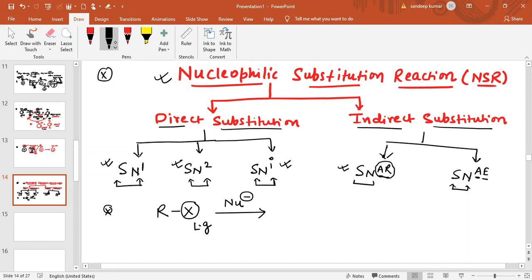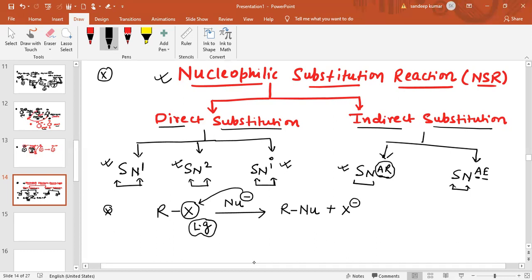So the nucleophile will substitute the leaving group. When the nucleophile substitutes the leaving group, it forms R-Nu, and the leaving group leaves in the form of X minus. So how easily this leaving group moves decides how fast the rate of reaction is.